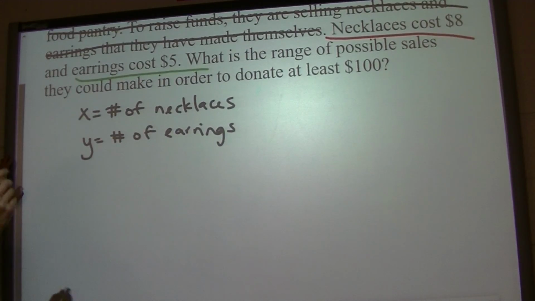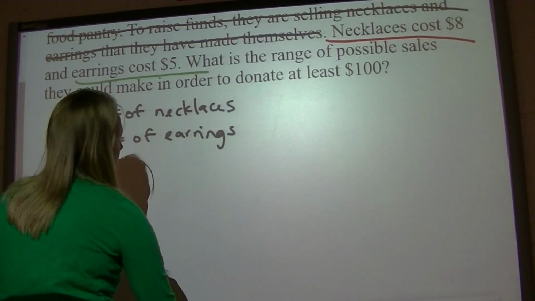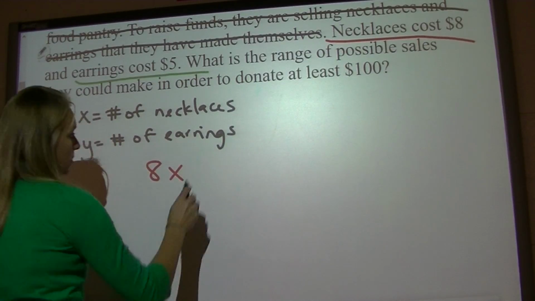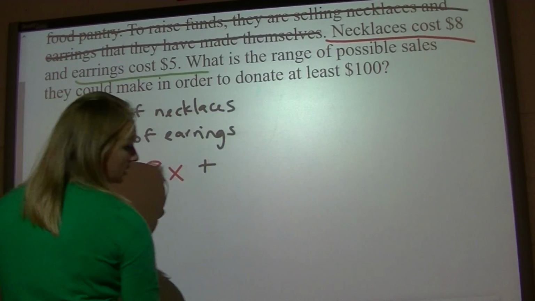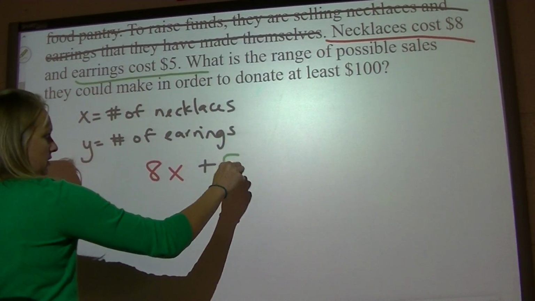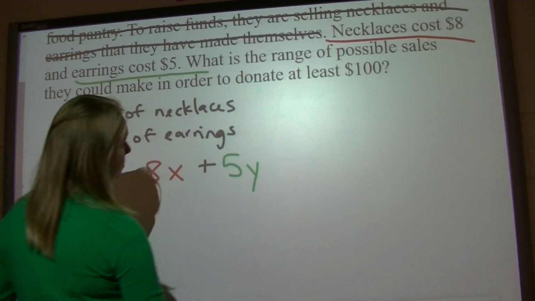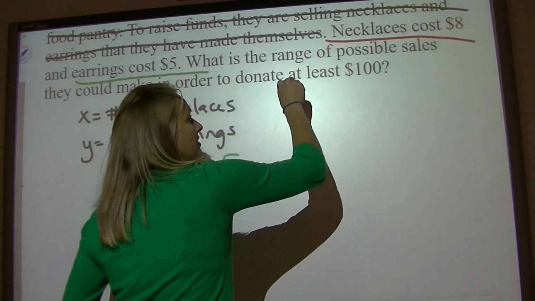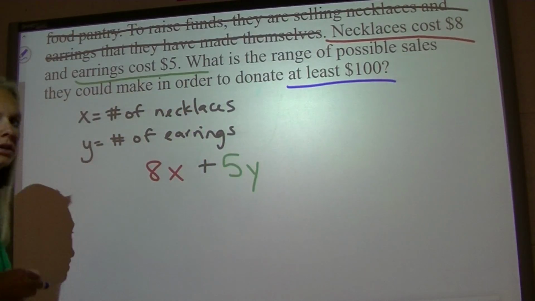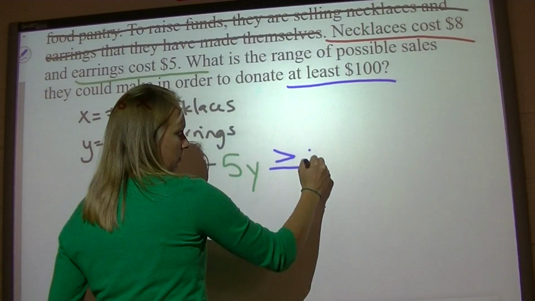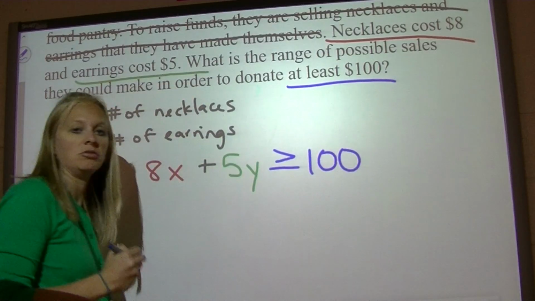Because necklaces are $8 a piece, we can say 8x plus the cost of earrings, which is $5 a piece, so 5y, has to be at least $100. So at least is represented by greater than or equal to 100.